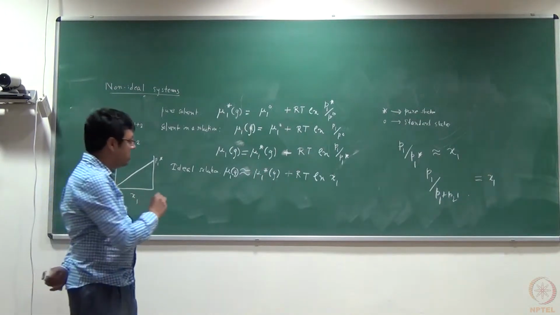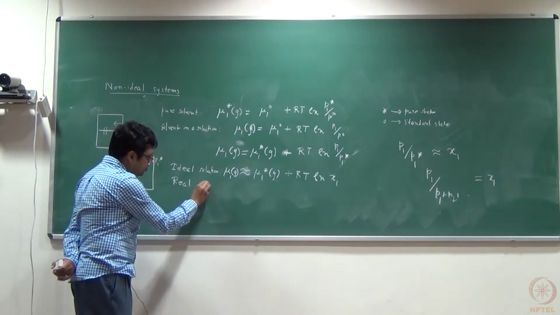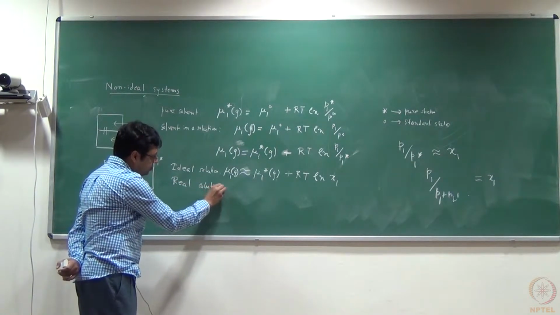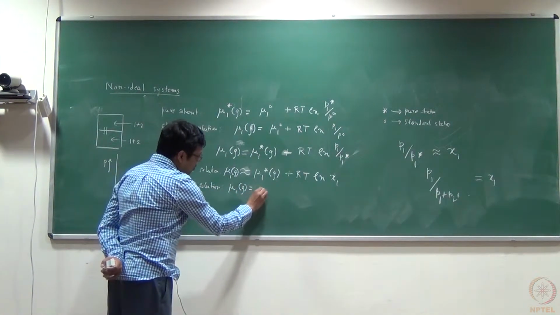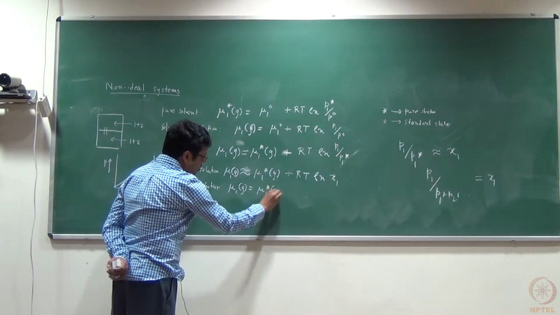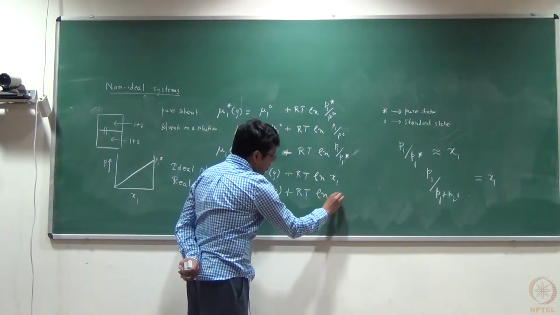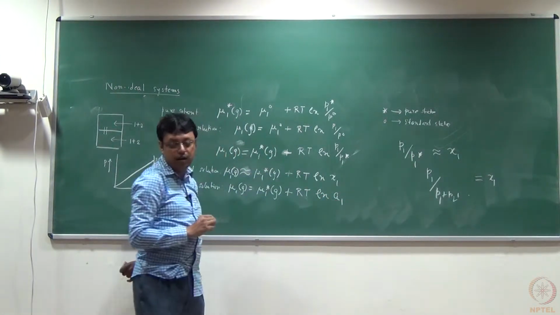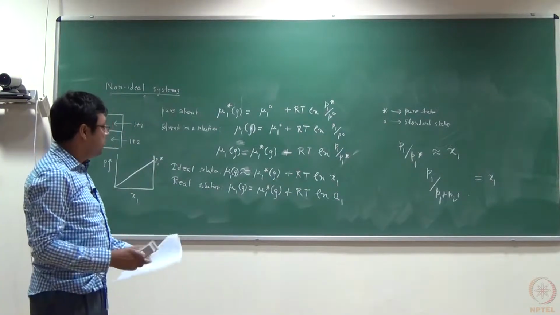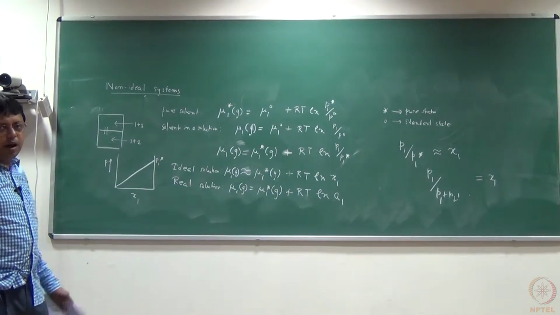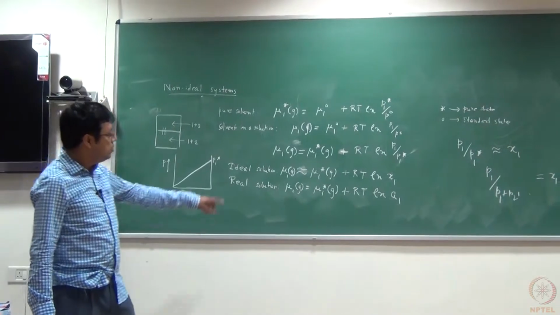Clear? So in the real solution, mu1 G is equal to mu1 star G plus RT ln a1. Clear? Now think about it. Up to this point, this is exact.